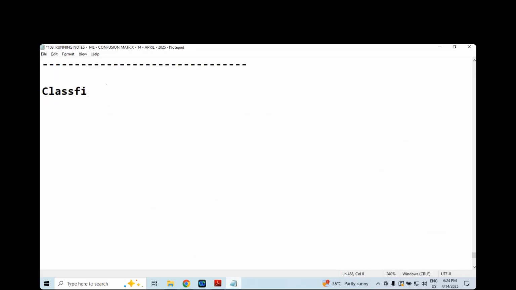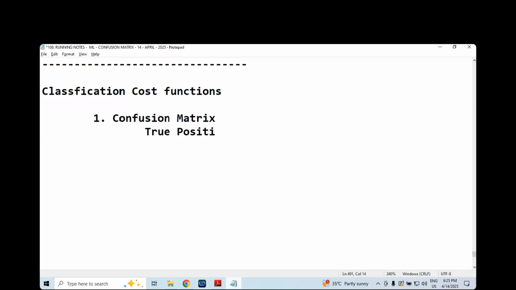During the project, you can understand classification and cost functions. First, what we need to do is calculate the confusion matrix. Here there are many things: true positive, true negative, false positive, false negative.